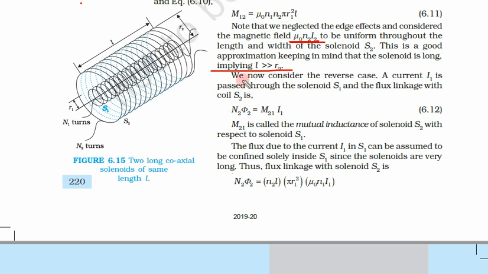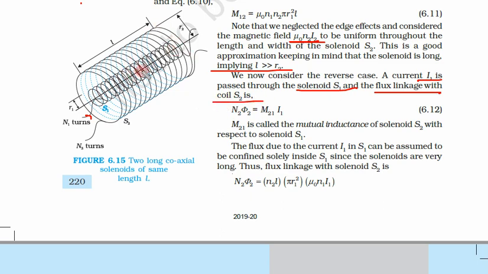Now let us consider the second case. Now we consider the reverse case. Now what is happening? Instead of flowing current in outer solenoid, a current I1 is passed through solenoid S1. So this time we are putting some current in this smaller solenoid. In this case, similarly, the flux linkage with coil S2.